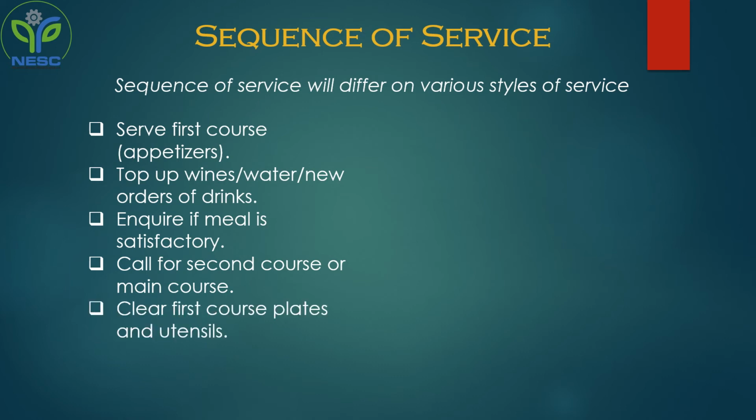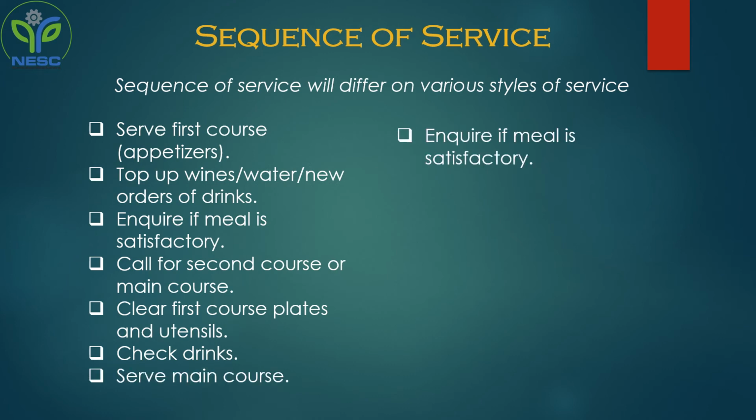After that, clear first course plates and utensils and then check drinks. After checking drinks, we need to serve the main course and then again inquire if the meal is satisfactory. After that, again check drinks and then clear the main course.